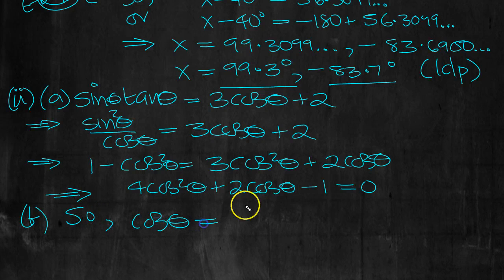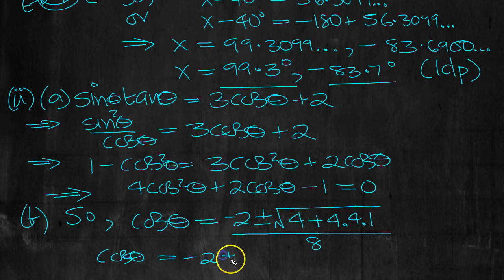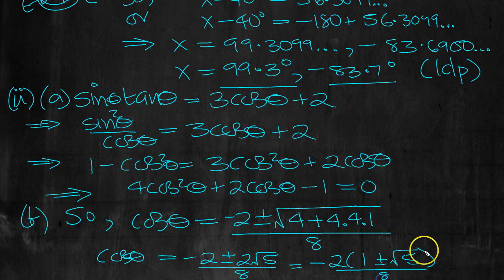Cosine theta then, minus b, b squared is 2 squared is 4, minus 4 times a, which is 4, times c, which is 1, with a minus, all over 2a, which is 8, which equals minus 2 plus or minus root 20, which is 4 times 5, which is 2 root 5, over 8, which is minus 1 plus or minus root 5 over 4.